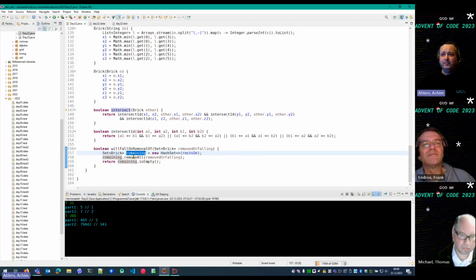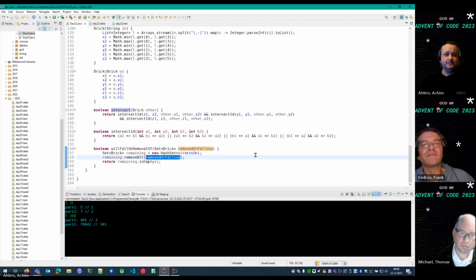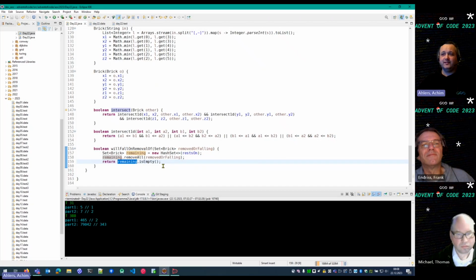And from that copy, I remove those that are falling down, which may be way more than I have actually inside this one. And then I check if this copied set is empty.